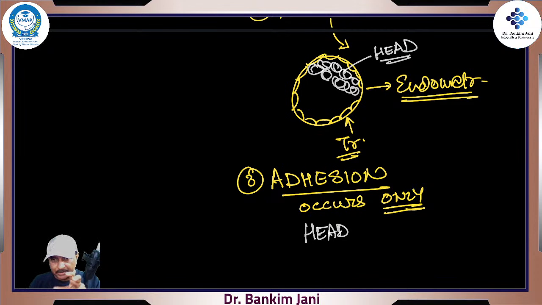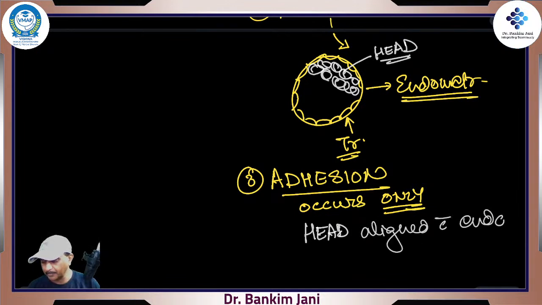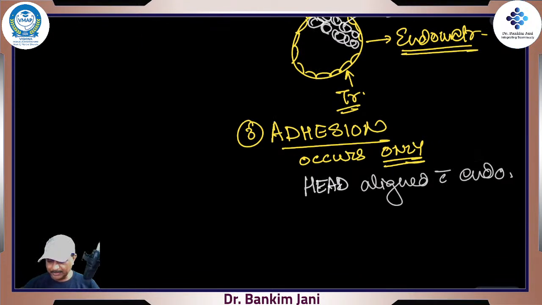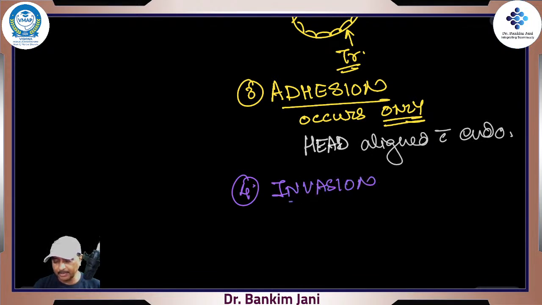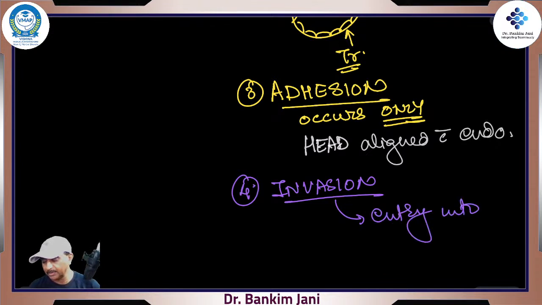So it will start rotating till the head is aligned with the endometrium. That is the adhesion. Once aligned all the way, it moves on to the fourth stage, invasion, which is the entry into the endometrium.